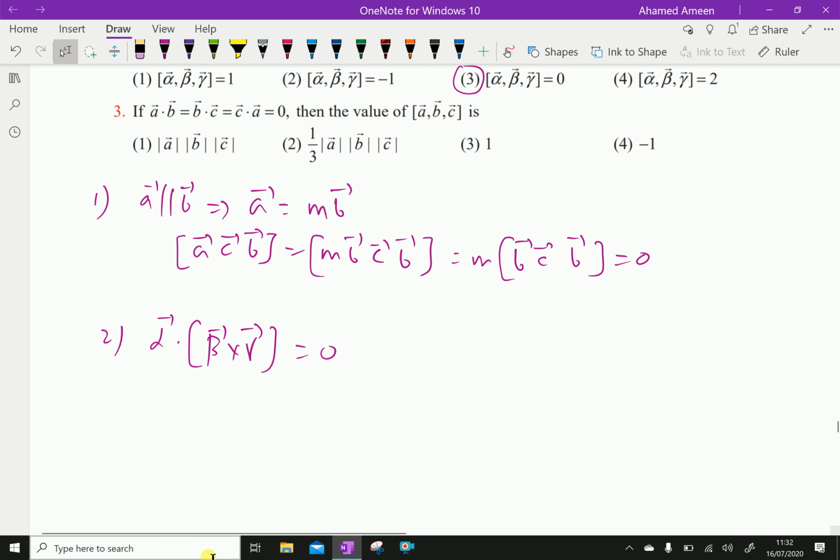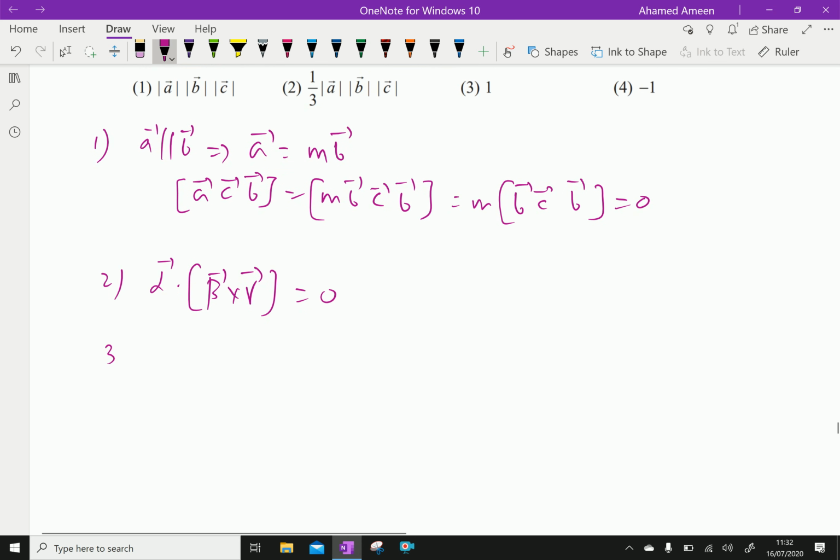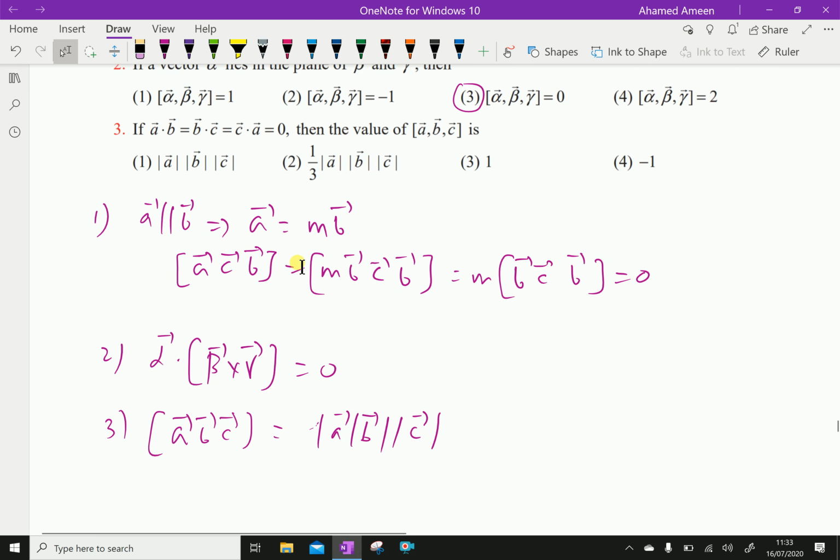Then the value of the box product A, B, C is, because these are all unit vectors, therefore it is equal to vector A, vector B, vector C. So because all are unit vectors, the answer is this first option.